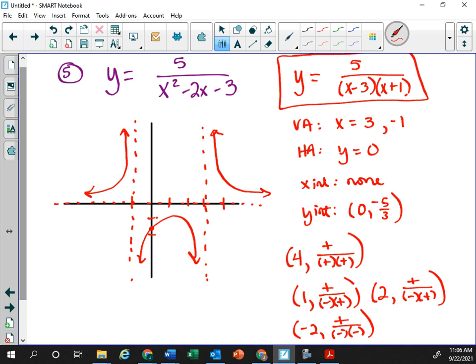I just care, is it positive or is it negative? I need to know the shape of this graph. So when I plug a 4 in, I'm just using the factored one because that's easiest for me. You could plug it in here, absolutely, if you want the exact value, but since I really only care about positive or negative, I'm just plugging it into the factored one. Okay.